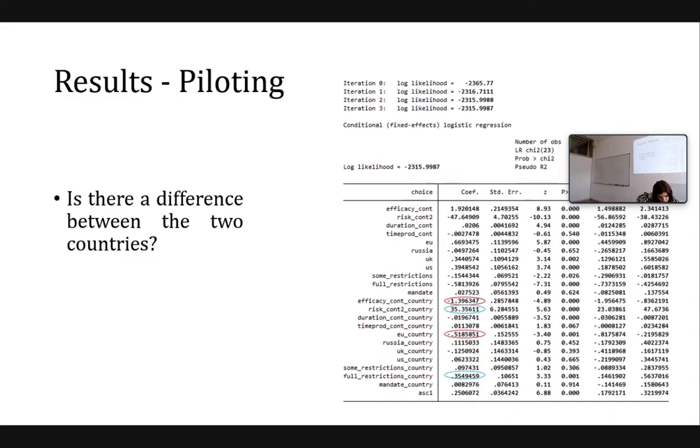Marcello, sorry. Yes. How do you interpret the first two results? Probably I missed this. So why for the US should the effects of efficacy and risk be lower than for Italy? Yeah, so basically, again, we have the first model here that is equal to the original model that we showed before.